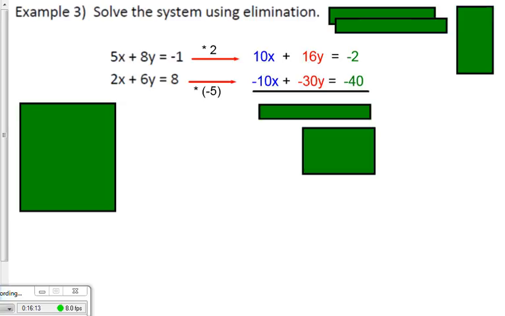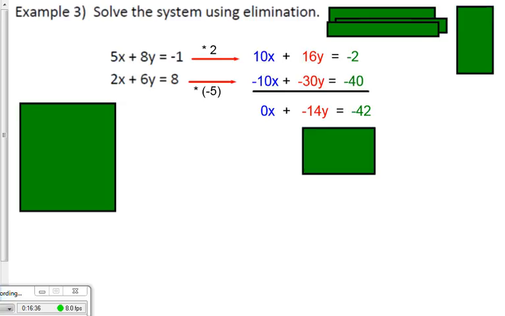So we have our two different equations, one having a positive 10x, one having a negative 10x. So when we add our x's together, we get 0x. When we add our y values together, positive 16 and negative 30 becomes negative 14y. And we add just our constant terms, so the ones without a variable, negative 2 and negative 40 become negative 42.